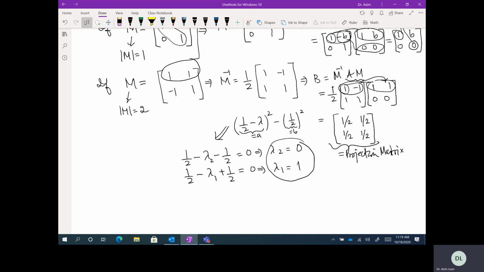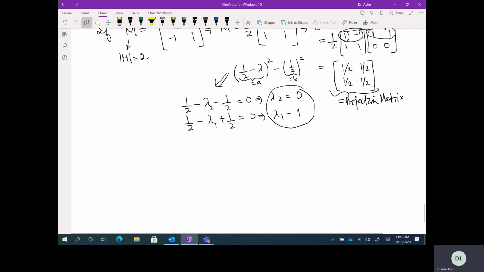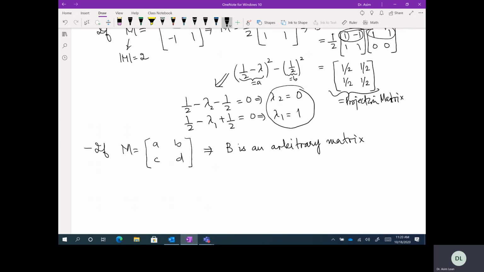Right? Okay. And if M is some arbitrary matrix [A, B; C, D], this implies B is an arbitrary matrix with lambda 1 equals 1 and lambda 2 equals 0.